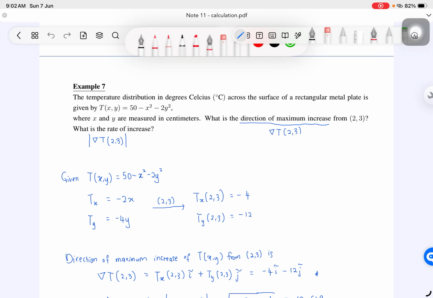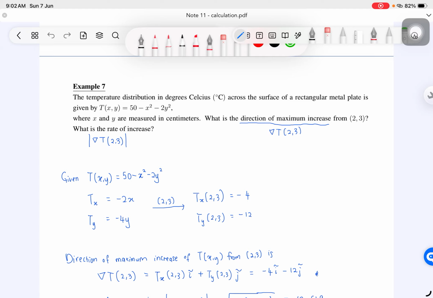Maximum increase means del T at (2, 3). And what is the rate of increase? For the rate of increase, you need to find the magnitude of this one.